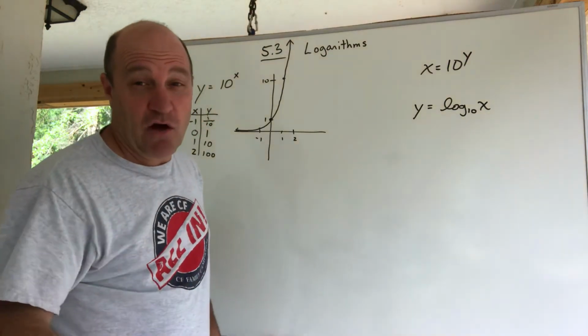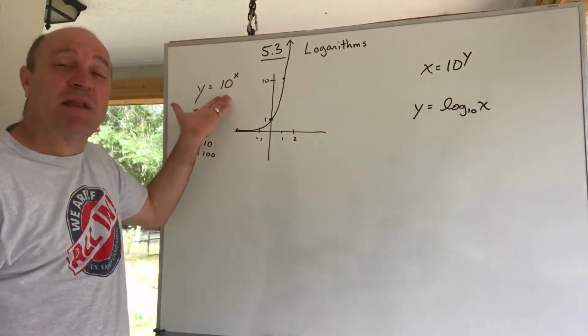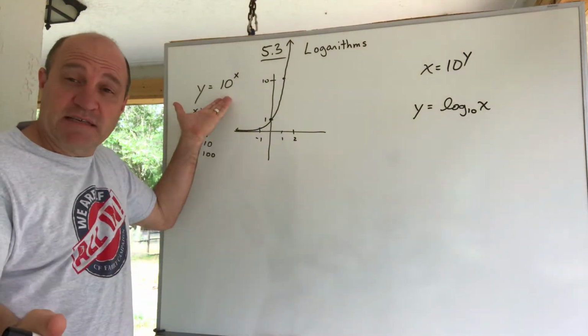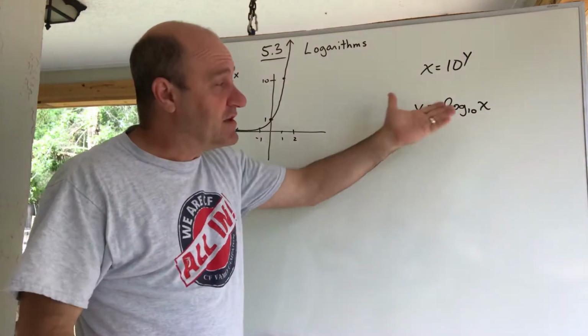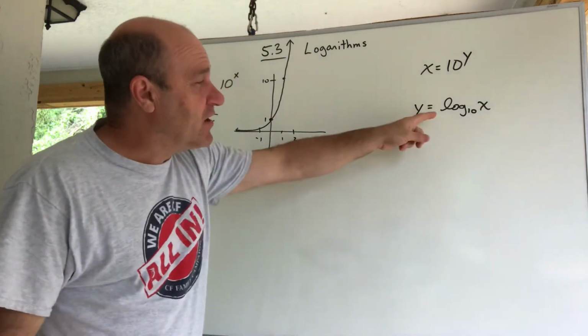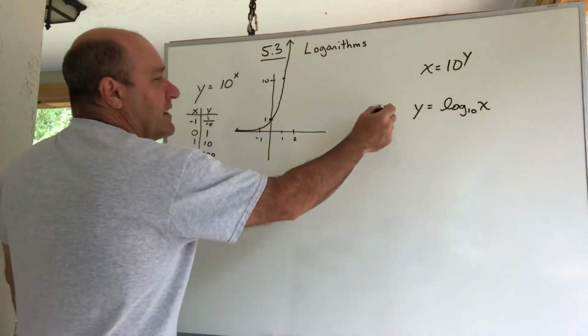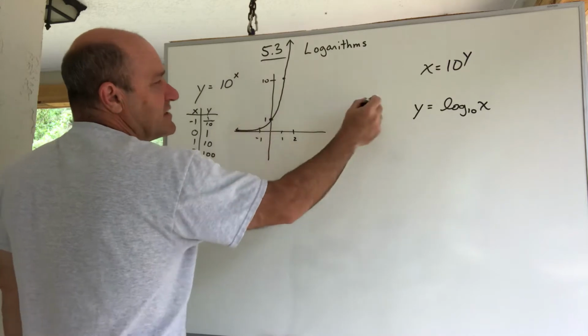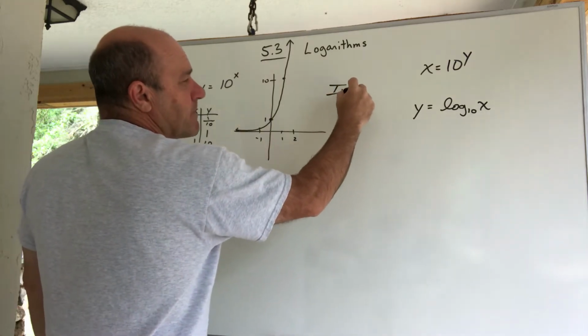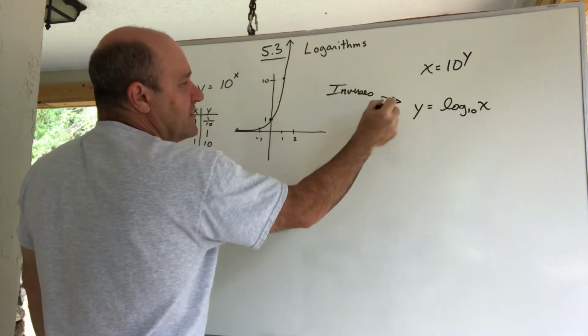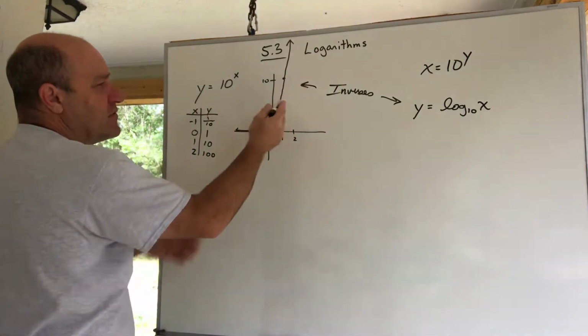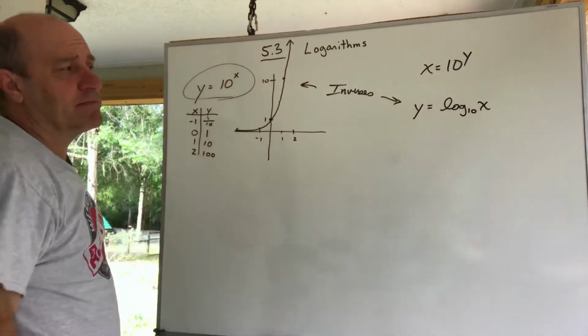There's all kinds of logarithms, just like there's all kinds of exponential functions with different bases. And this particular one is the inverse of this one. This logarithm function is the inverse of this exponential function.